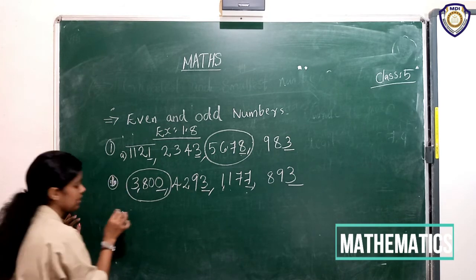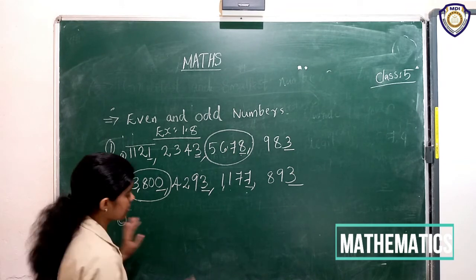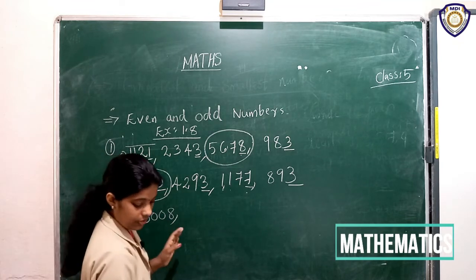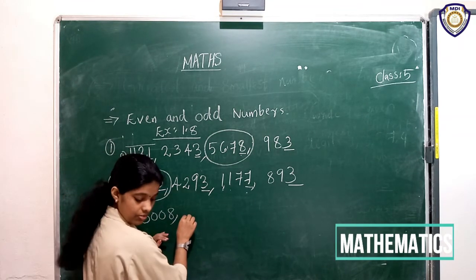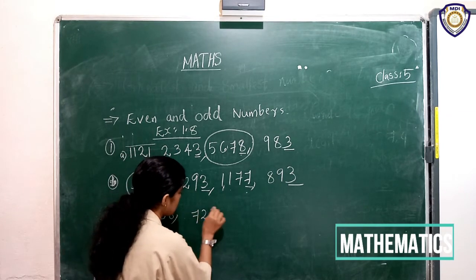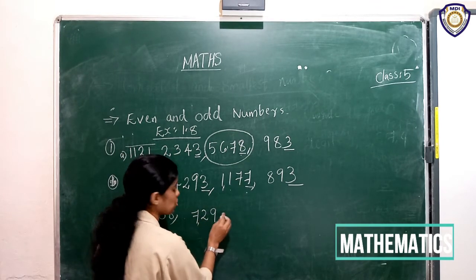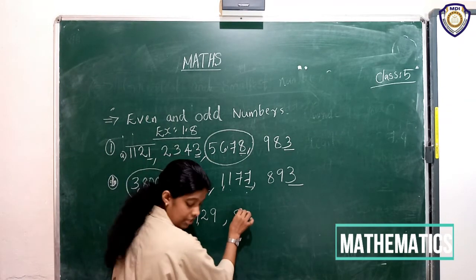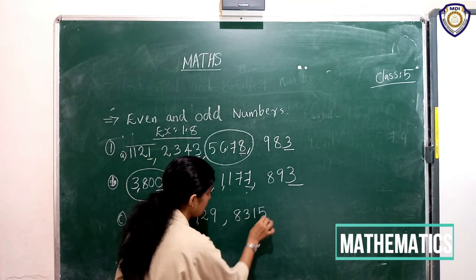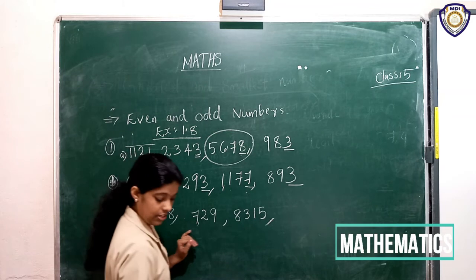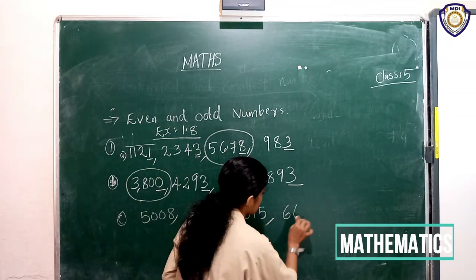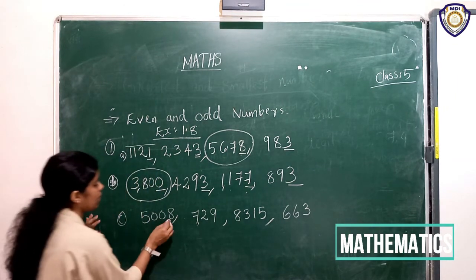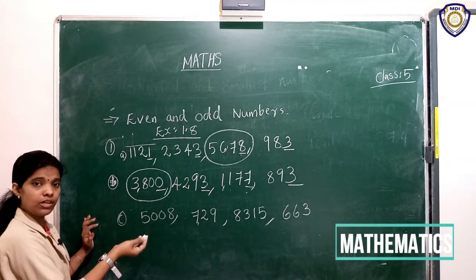Next one, C: 5008, 729, 8315, 663. Listen, among these numbers, which number is the even number?